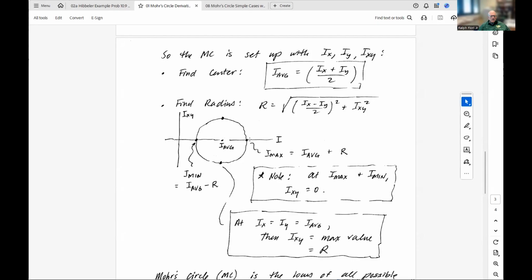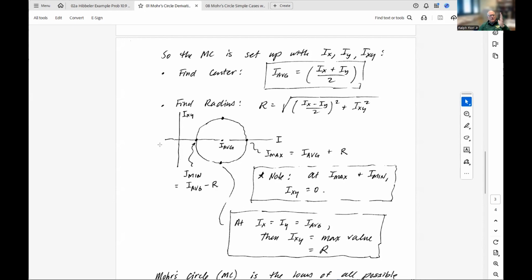Remember, the entire circle always lies to the right of the vertical axis, and so the vertical axis stays to the left somewhere. Remember, in the horizontal direction, this is moment of inertia, and in the vertical direction, this is product of inertia. Remember, for moment of inertia, we've said it is always positive.